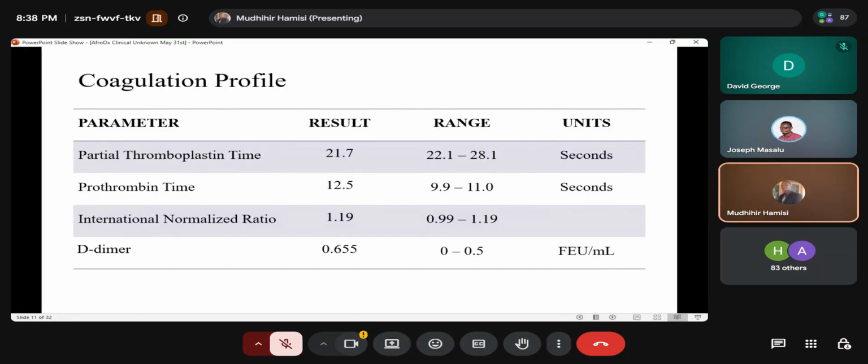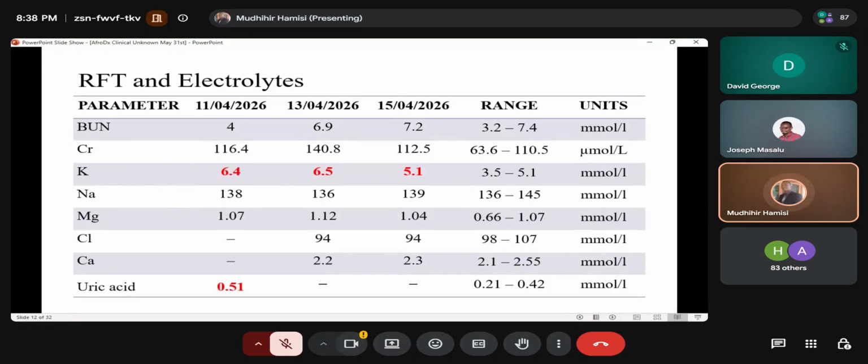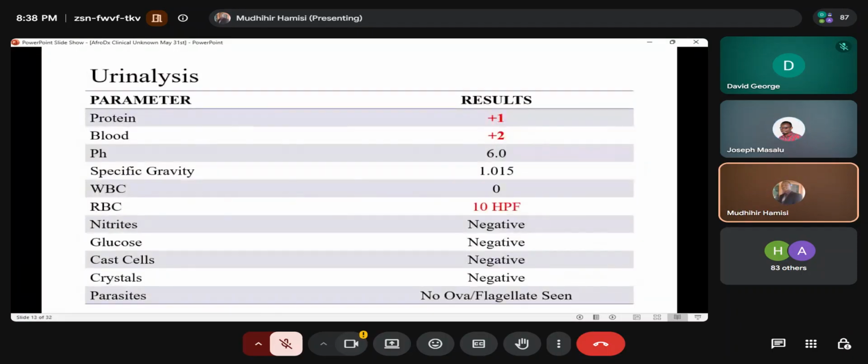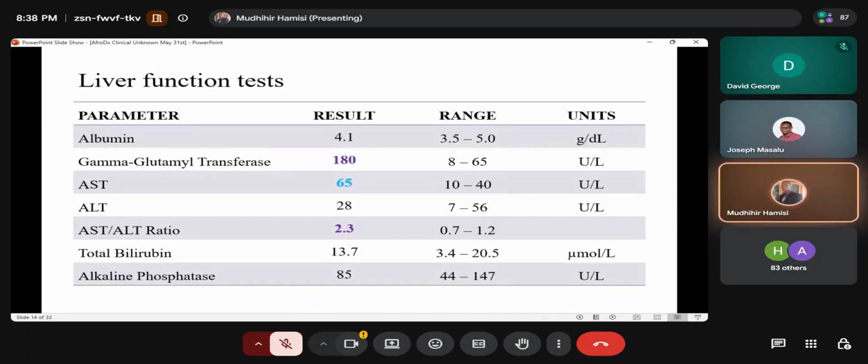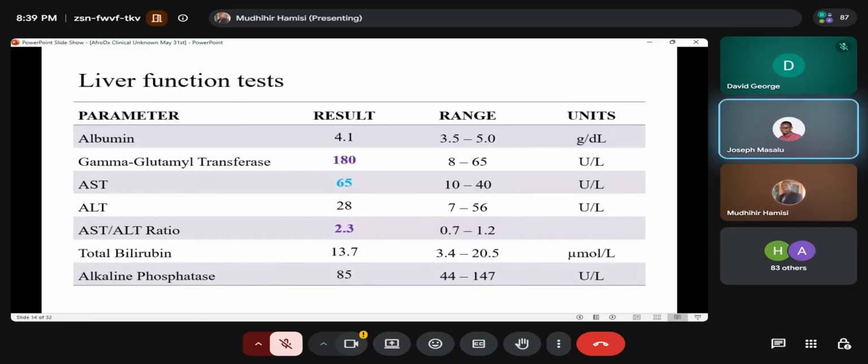Seen. Okay. Here are the renal function test and the electrolytes. Seen, yeah, sure. This is the urine analysis. And here the liver function test together with the enzymes. Comments on the labs before we go to the other images.